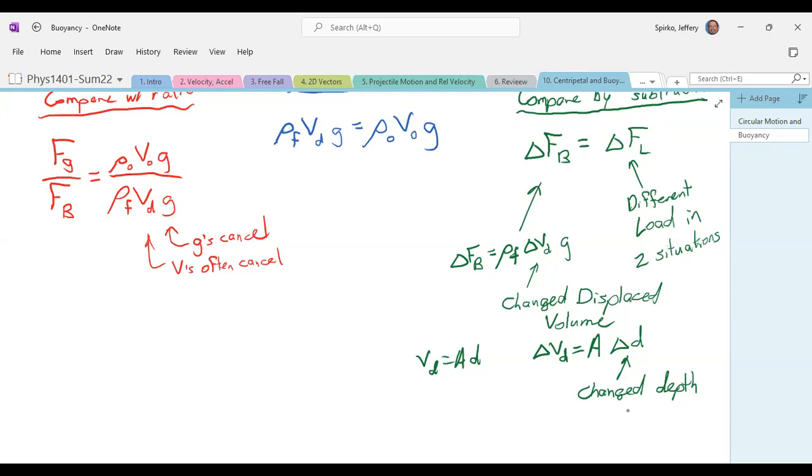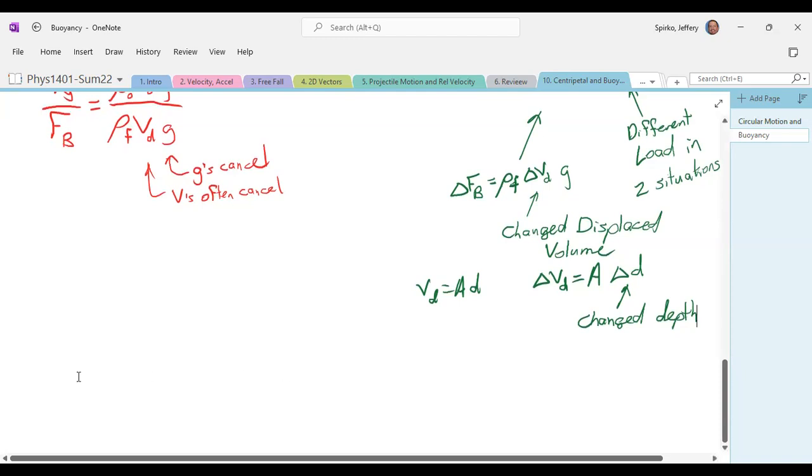All right, so now we need to do a couple of numerical examples. And by far, the most important numerical examples are the ones dealing with the first two situations. So let's take a look at some typical examples.